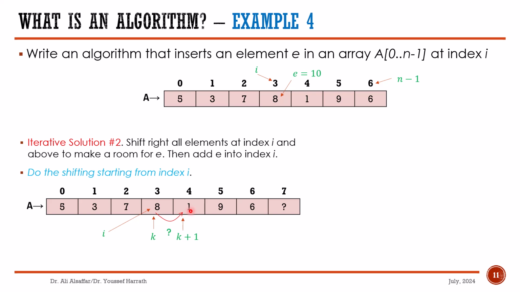So this 8 will be moved to the next element, replacing 9, and 9 is lost forever. In the next iteration, the same value 8 that has been propagated from index I will replace 6, and so on. So all successor elements after index I will be replaced by the propagated element at index 3, which is 8.